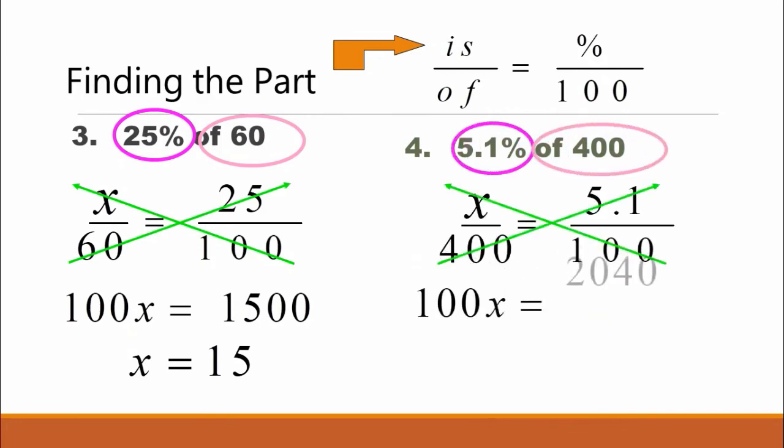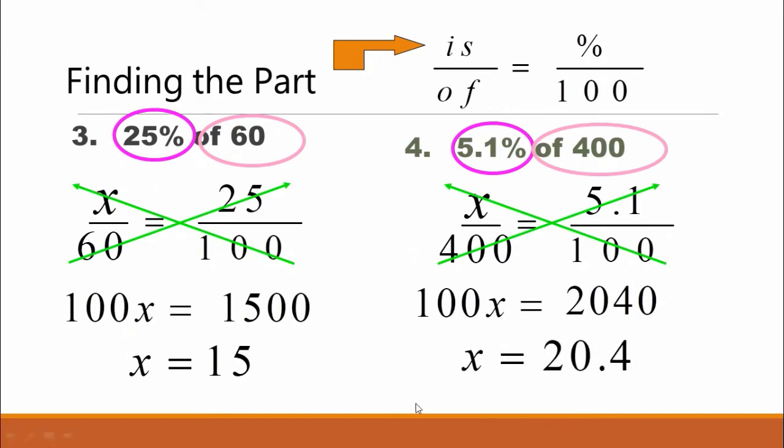Now, another example shows how to find the part for a description of a percentage. Dear students, you see there are two examples by which we can find the part using this formula: is divided by of is equal to percentage divided by 100. So 25% of 100 is what number? It means the part is missing.